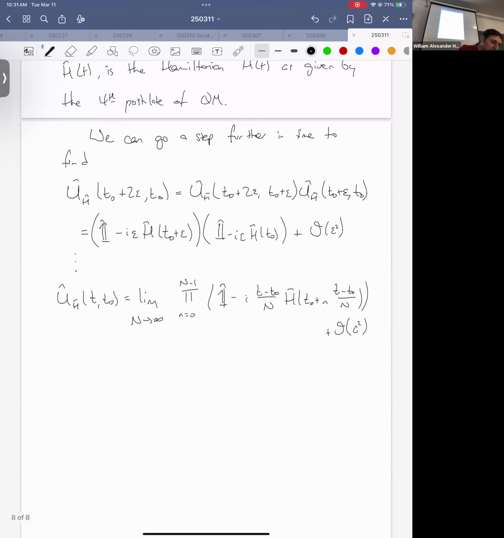This equation, which I'll call equation 6. So there are 3 cases to consider for 6. The first case is if the Hamiltonian is time independent.